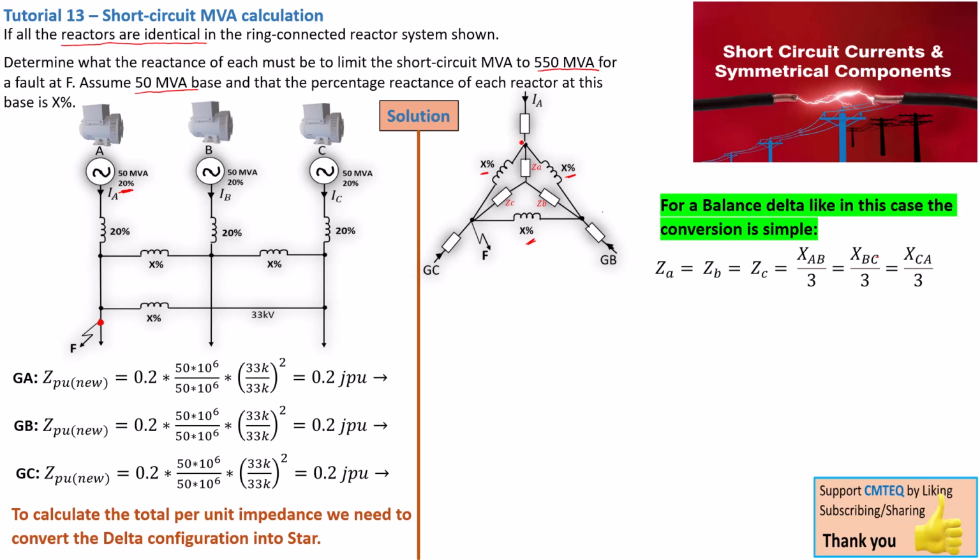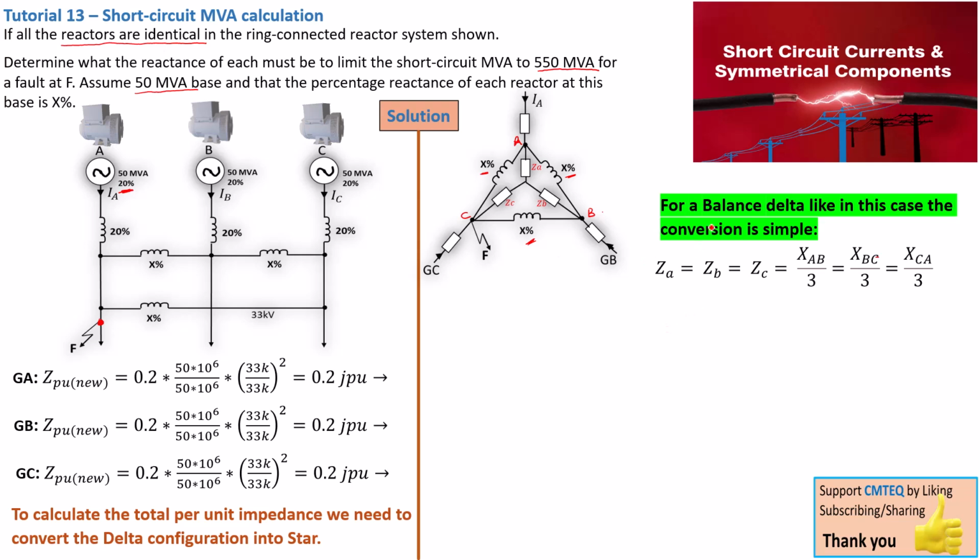So that basically means this point here is A, this point is B, and this point is C. We are saying that the impedance between these points must be divided by 3, and so forth. And the result will be the star configuration of our network.